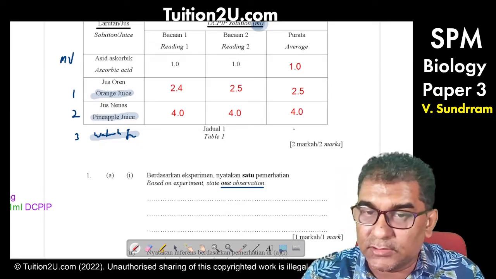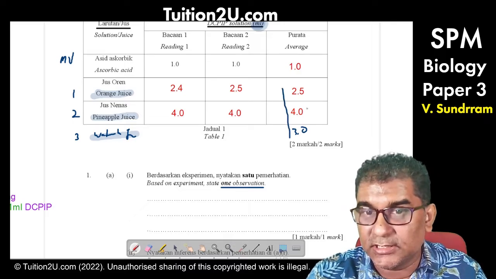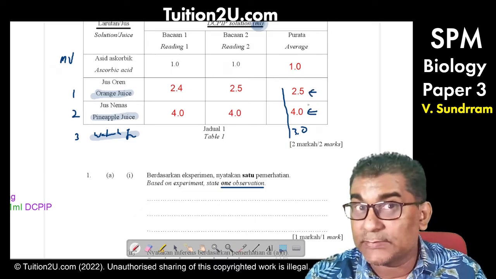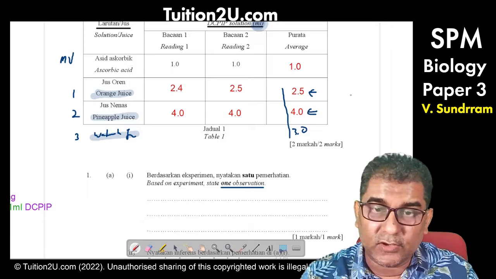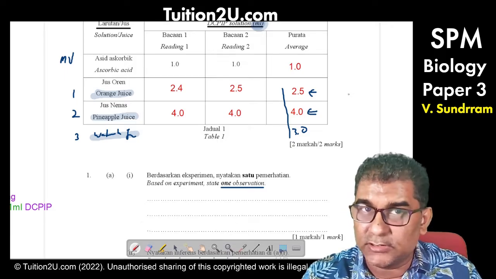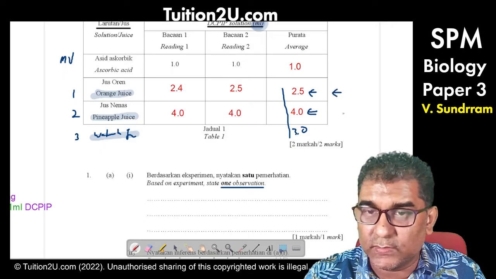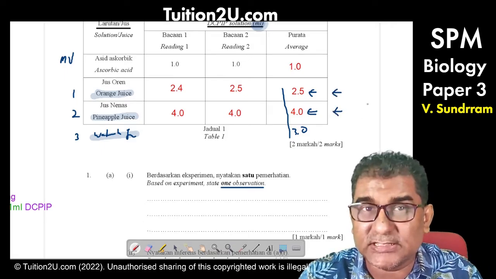Let's say for watermelon juice I have 3.0. So when you compare these 3, this is the highest, whereas this is the lowest. Responding variable, this is the highest, this is lower. So if you are going to write the observation, you can write any of the 3, but preferably choose either the lowest or the highest. That will be the best.